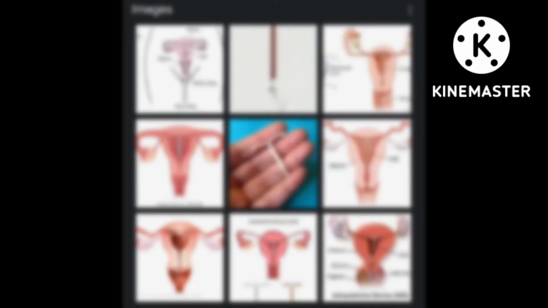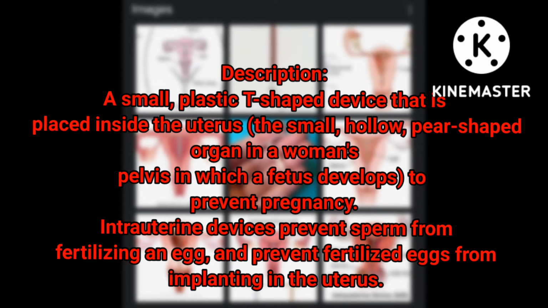An intrauterine device is a small plastic T-shaped device that is placed inside the uterus, the small hollow pear-shaped organ in a woman's pelvis in which a fetus develops. To prevent pregnancy, intrauterine devices prevent sperm from fertilizing an egg and prevent fertilized eggs from implanting in the uterus.